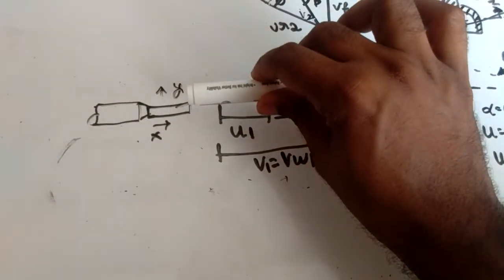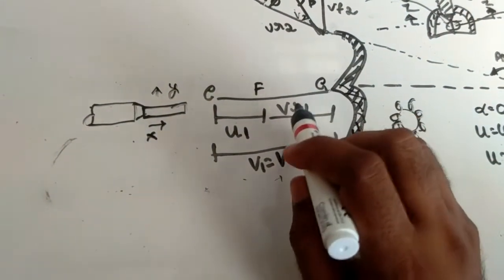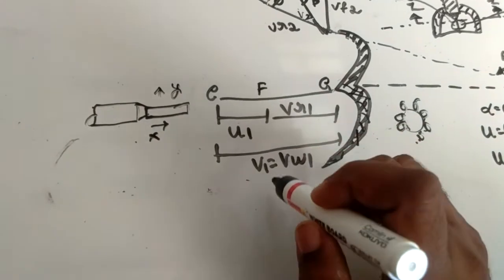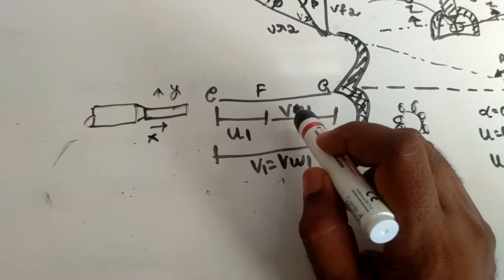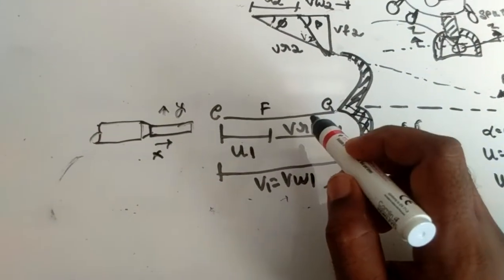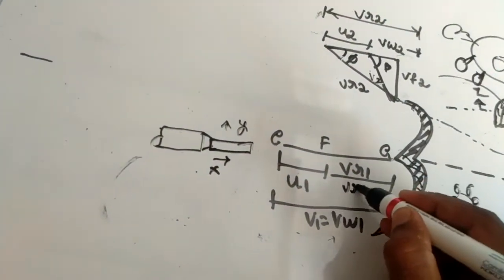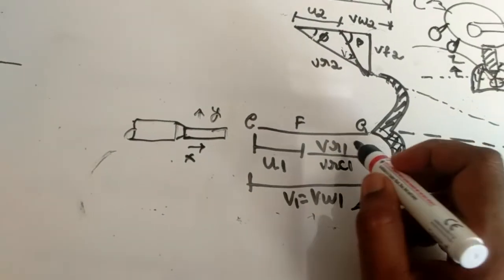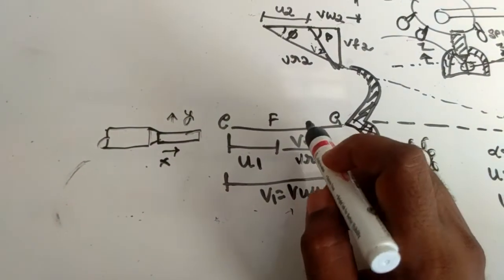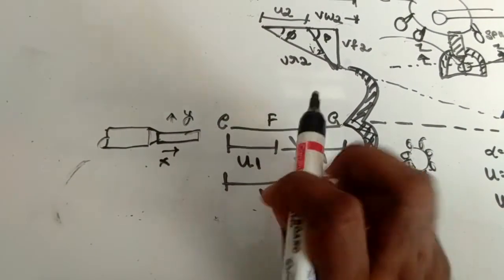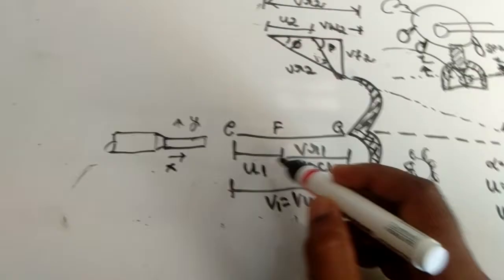If water strikes in this way, this is the relative velocity component at the inlet. When water strikes centrally, we can write it as VRC1, and VRC1 and VR1 are the same. U1 is in this direction, and VRC1 also goes in this direction, so the water is moving in this direction.